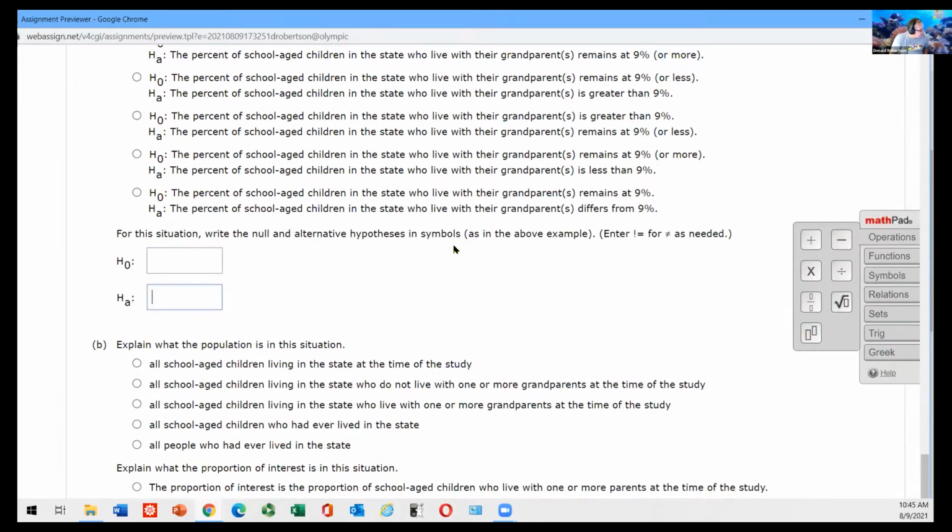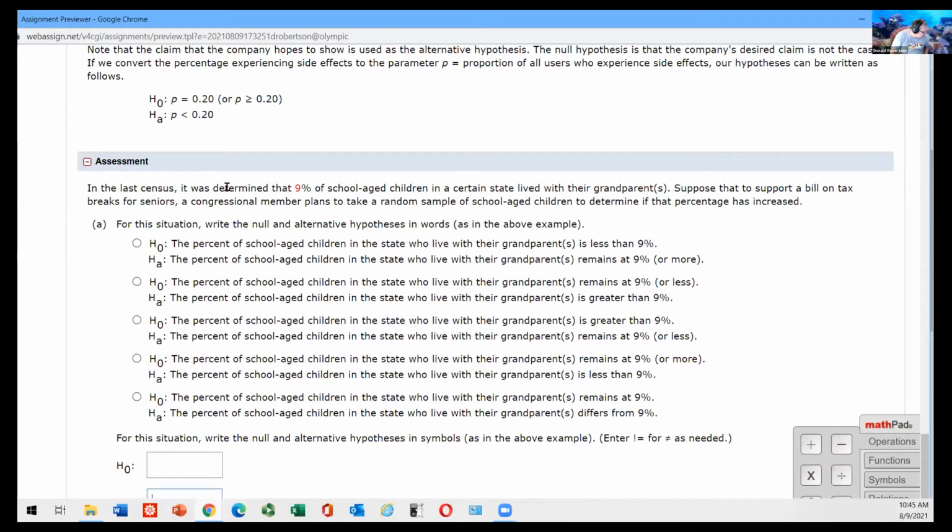So in the last census, they asked everybody, 9% of school children in a certain state lived with their grandparents. Oh, that's sad. Suppose to support a bill on tax breaks for seniors, a congressional member plans to take a random sample and determine if this percentage has increased.